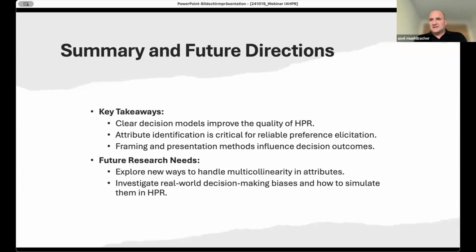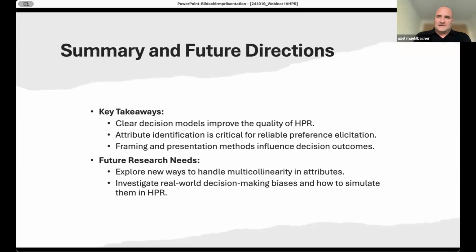The key takeaways for this paper and this very basic introduction on how to present an object to subjects within health preference research is that we as researchers should put a lot of work into the decision modeling itself, understanding what the decision is based on in reality and how these decisions are being made. And that's certainly improving the quality of health preference research.